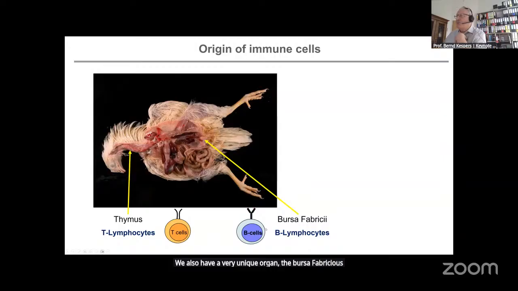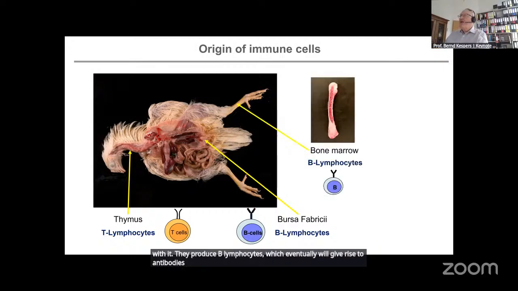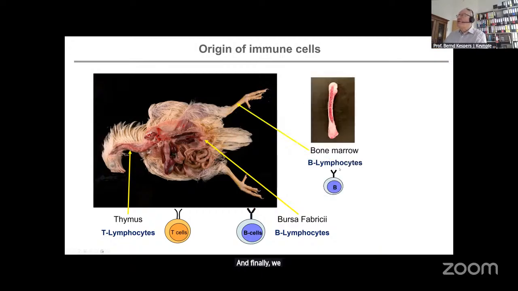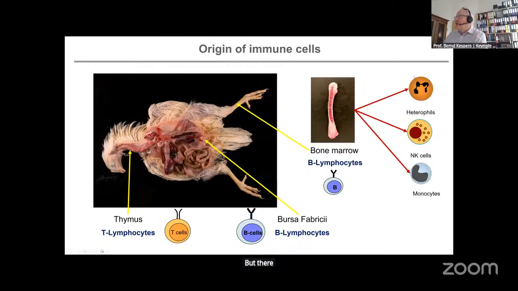We are all familiar with the fact that it produces B lymphocytes, which eventually will give rise to antibodies. And finally, we have the bone marrow, where maybe after bursa involution, B cells may be maintained and still produced. But there are also the heterophils, natural killer cells, and monocytes produced in the bone marrow.